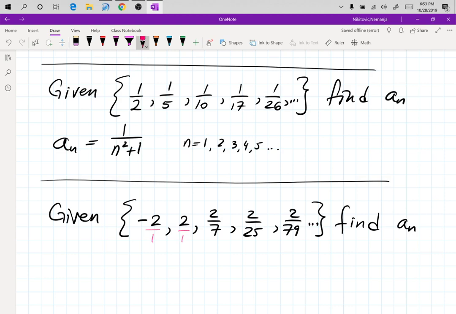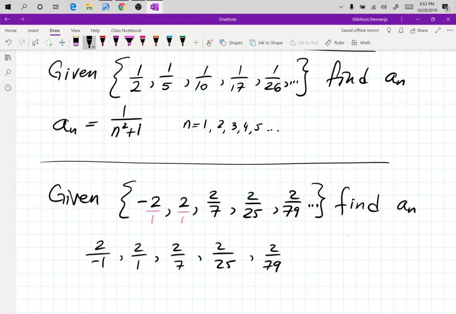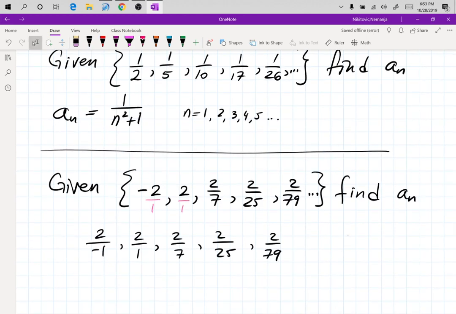So I am going to now rewrite this as 2 divided by negative 1, 2 divided by 1, 2 divided by 7, 2 divided by 25, 2 divided by 79. Which one? 2 over 3 to the n minus 2. Got it.